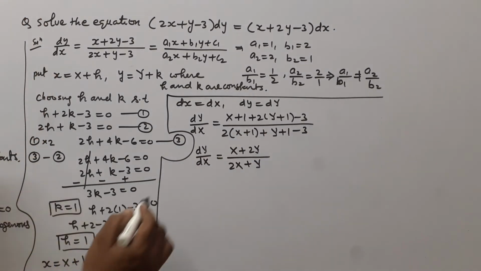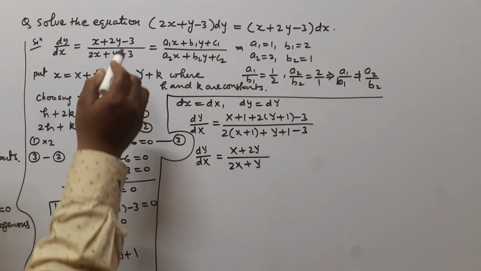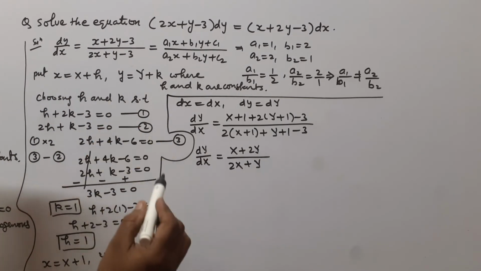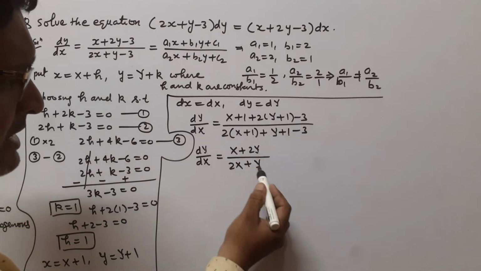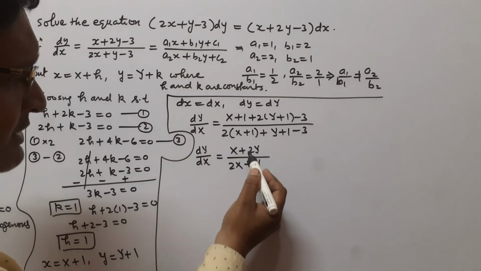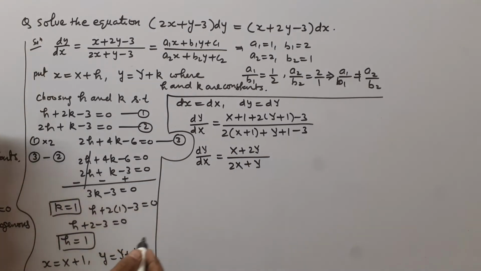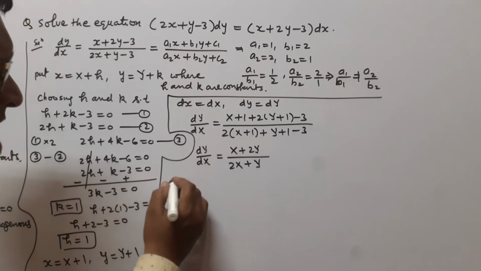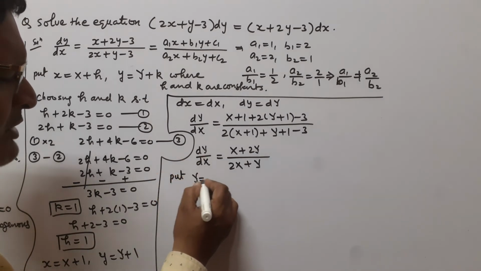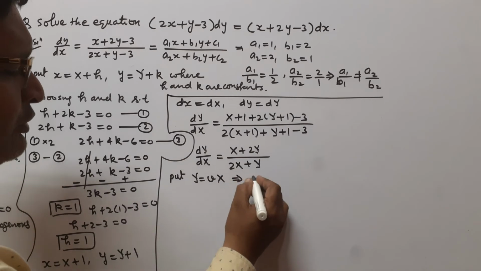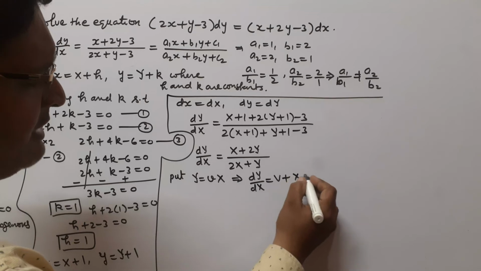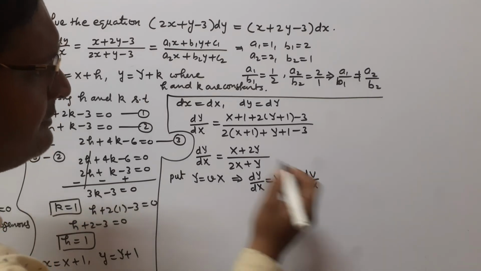So we can see the given equation reduced to homogeneous form, because here f1(x,y) and f2(x,y) are both homogeneous of the same degree. So we solve this differential equation by putting capital Y equal to v capital X. So d capital Y upon d capital X is equal to v plus x dv upon dx.